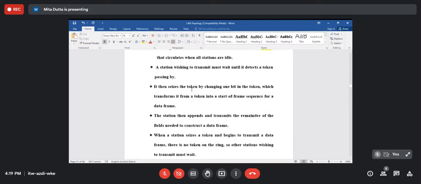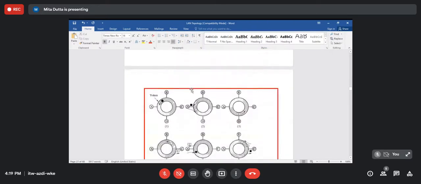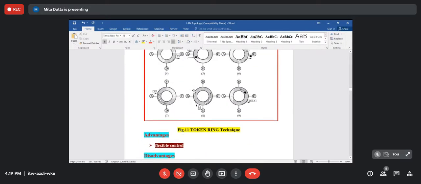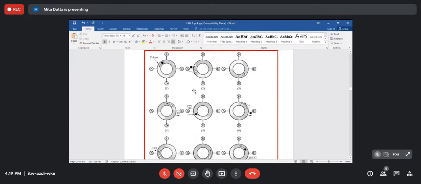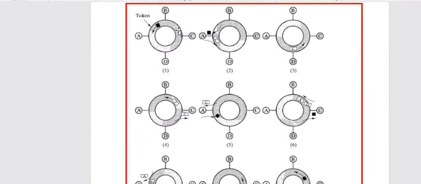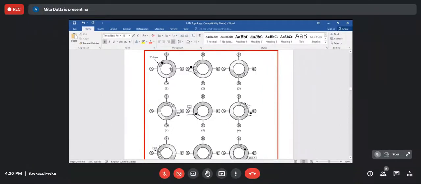Let's see what that is. So this figure describes the token ring protocol. Here in this ring we have 4 stations connected, and prior to sending information between the nodes connected in a ring LAN, a token will be circulated, and this token will be a small data frame.